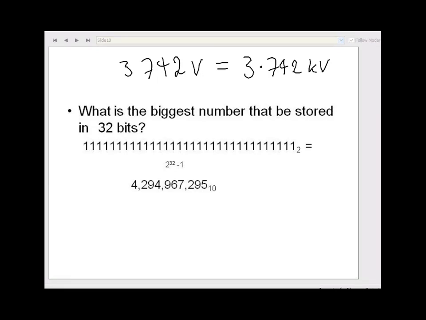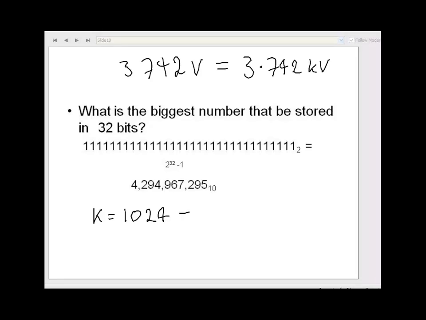One slight little wrinkle in the story is that when we're talking about computers, K does not equal 1,000. Instead, K equals 1024.